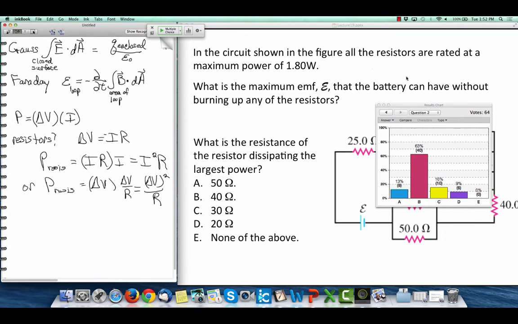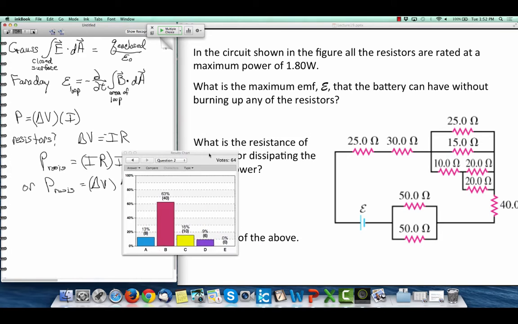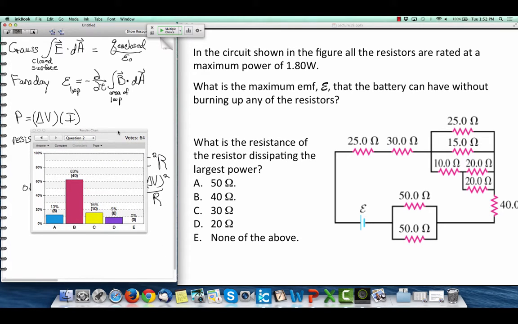Okay, so the main answer is that the 40 ohm resistor has the biggest energy dissipated. This is a question of I, the current squared, times R. So the first thing you might look at is which has the biggest current. They're not necessarily going to have the biggest power dissipated, but that's a place to start.